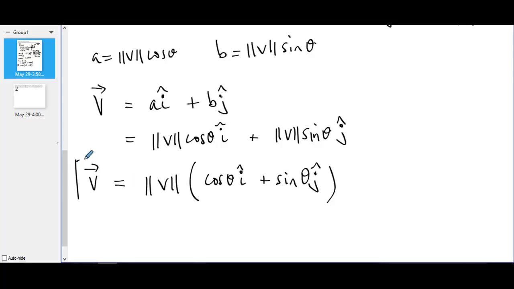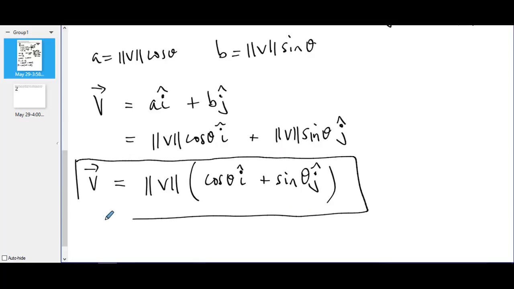So this is one other very important form for writing two-dimensional vectors.